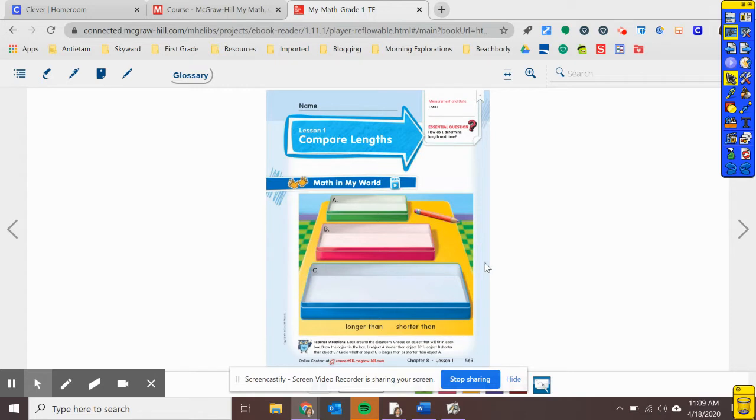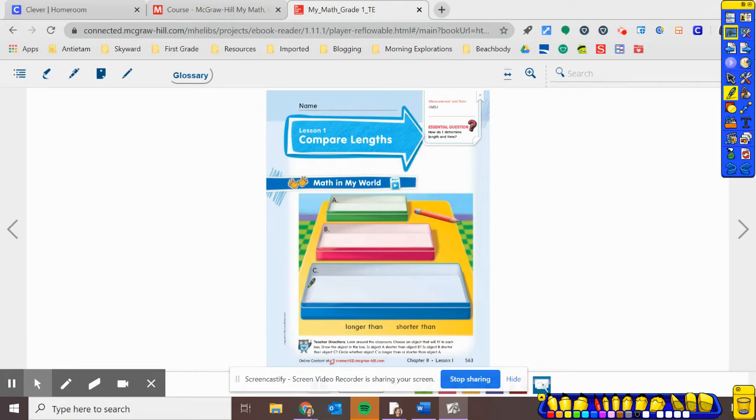So, now I want to know, is object A, this green box, shorter than or longer than box B? Okay, so let's look at that. One of the things I want to point out first is that all of these boxes are in a line over here. Do you see that? That's really important when we're comparing the lengths of two different objects.